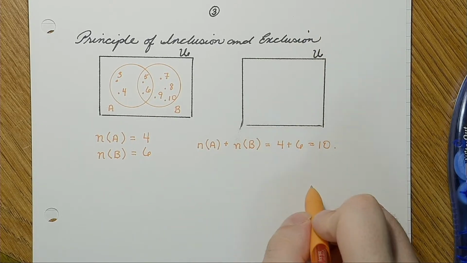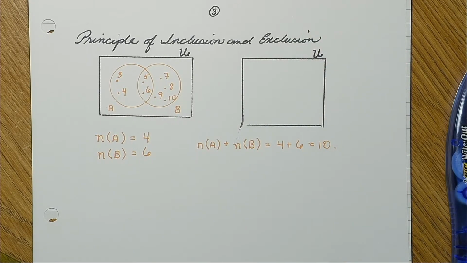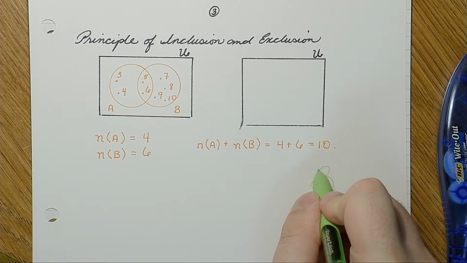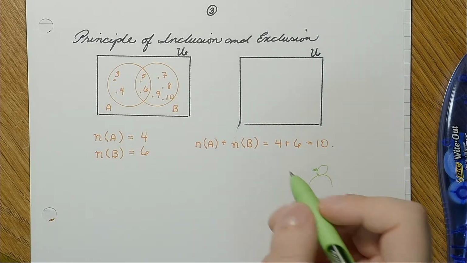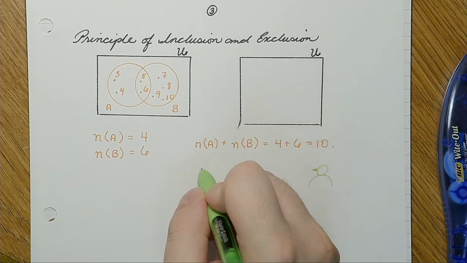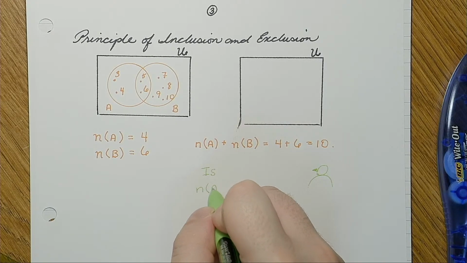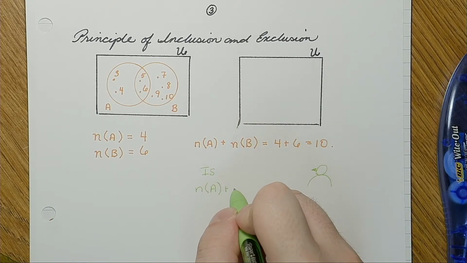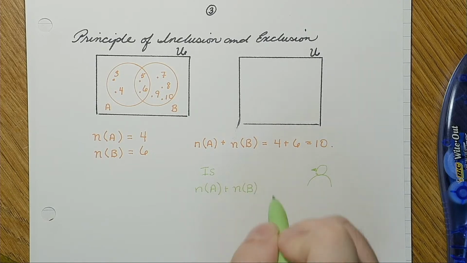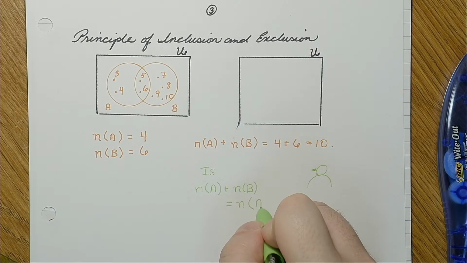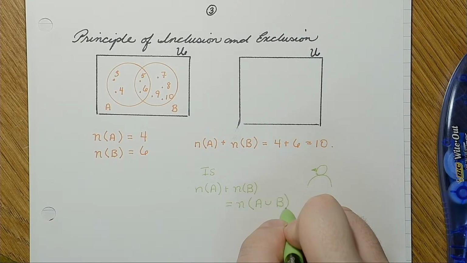So the question that somebody might ask, if they were curious, is: if I add the number of elements in A and the number of elements in B, is that equal to the number of elements in A union B?